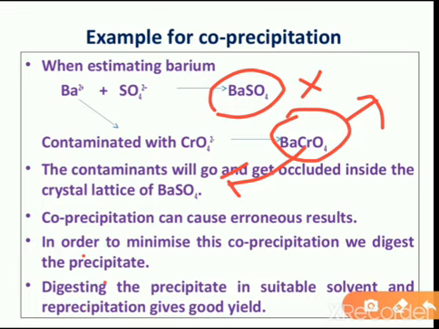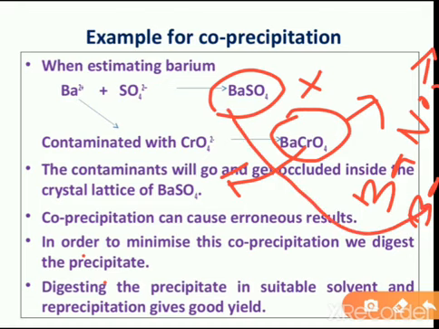On the other hand, if barium chloride is co-precipitated during analysis, a negative error occurs, as the molecular weight of barium chloride is less than that of barium sulfate.